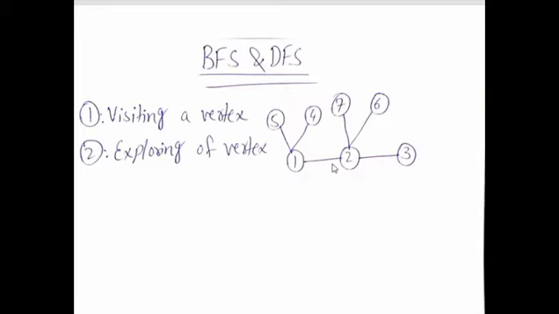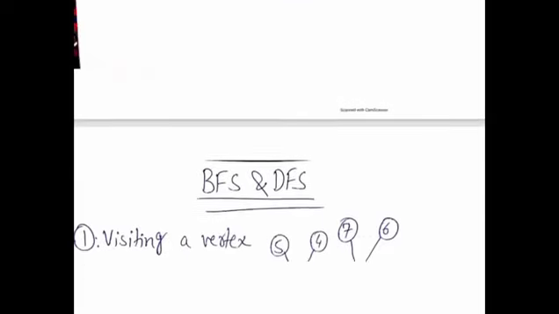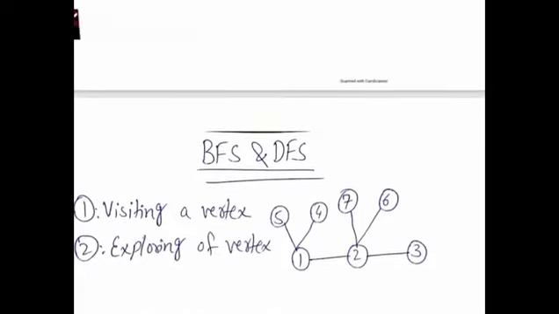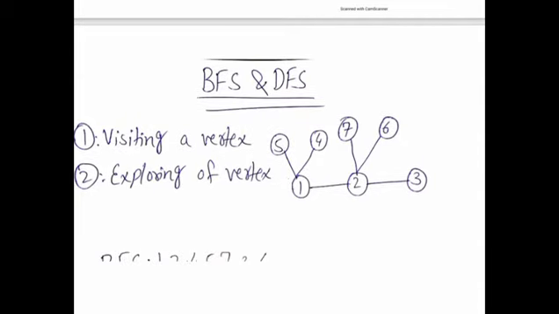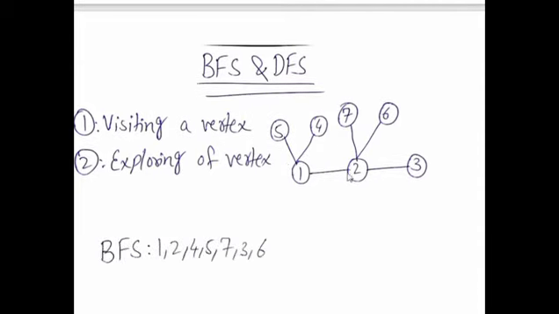So let us start the explanation of breadth first search and depth first search by a very common graph. Actually it is a tree, but tree is also a graph. You can start from any vertex, right? But here I am starting from the vertex number 1. See, if I have started from the vertex 1, then the adjacent vertices are 2, 4, 5.